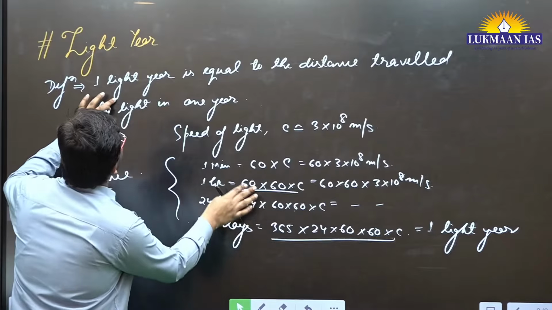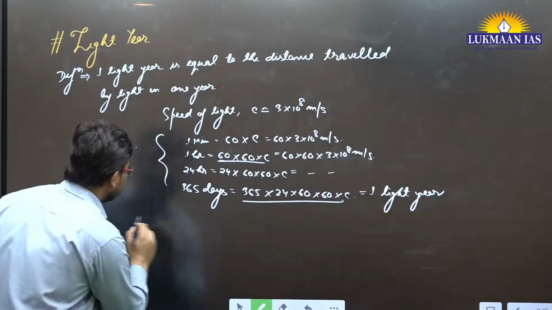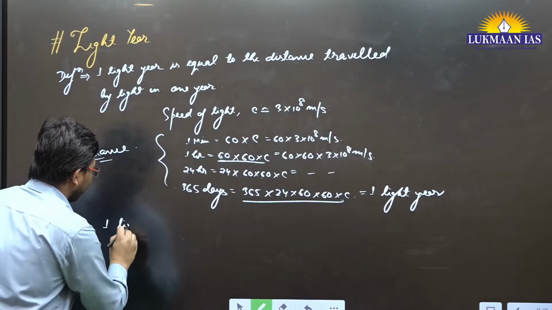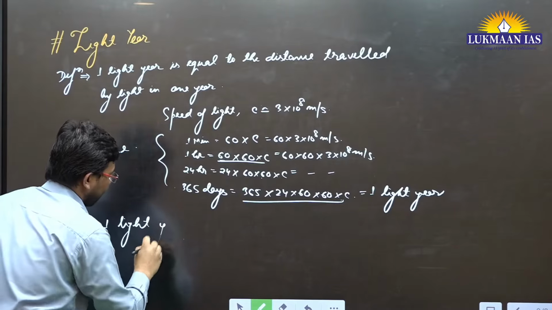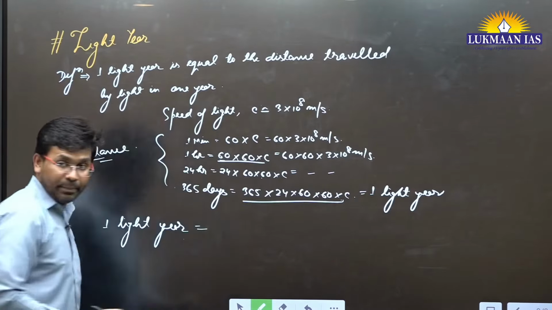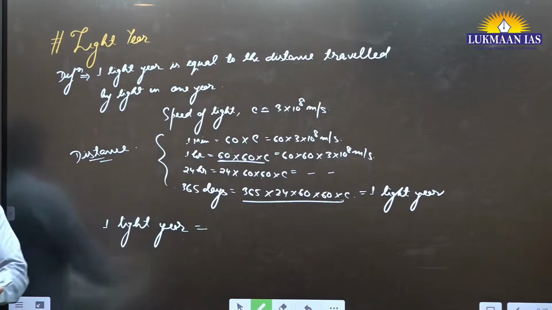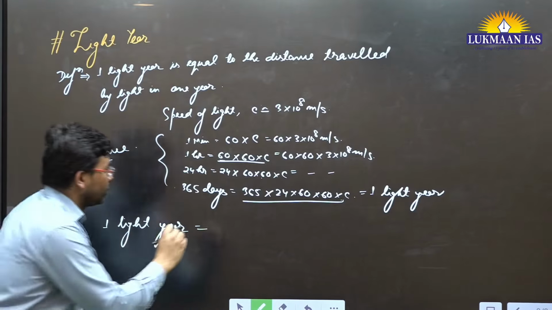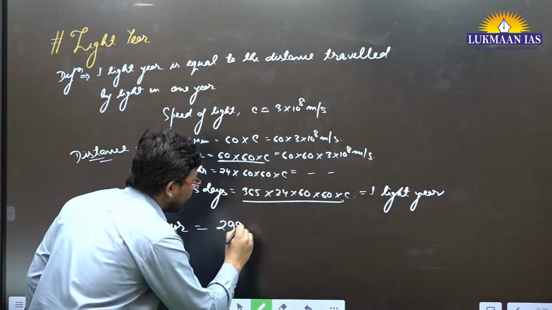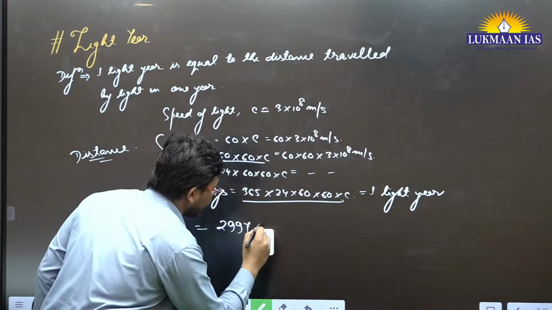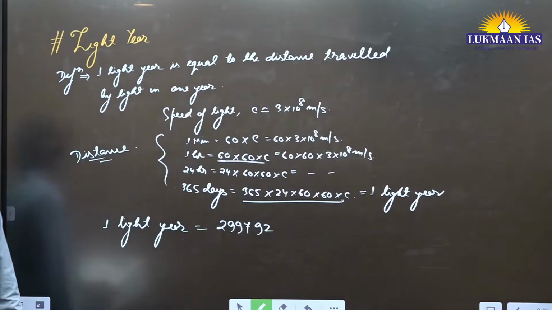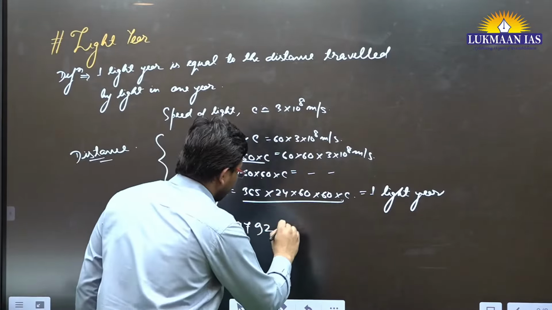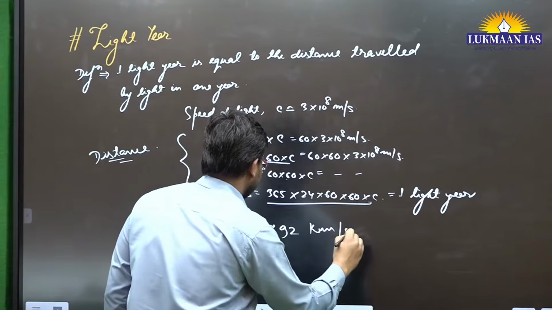this 1 light year will be equal to 299,792 kilometer per second, I think.